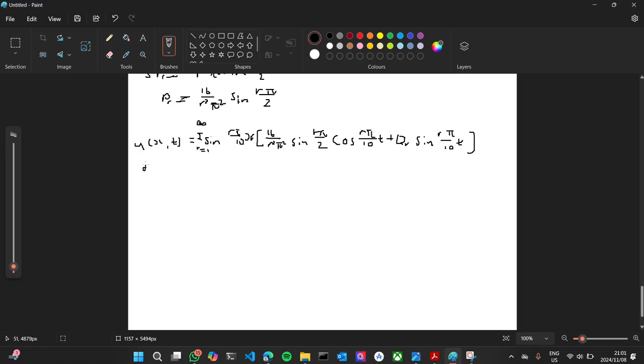So d of u of x of t over dt is equal to 0 at t is equal to 0. At t is equal to 0.